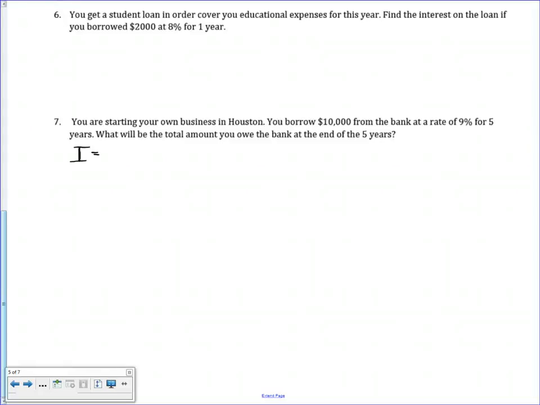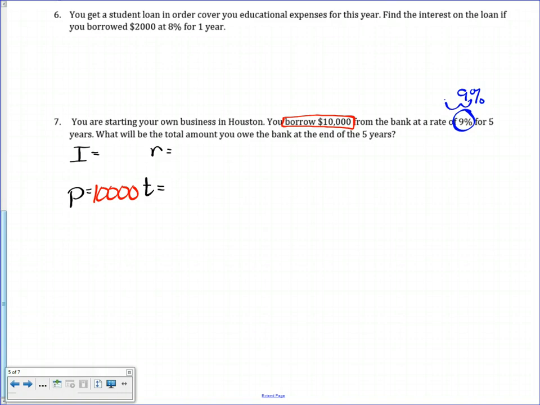So simple interest, go back to doing this, you need to start with your variables. So principal, remember, is the initial amount, it's what you start with. So you borrowed $10,000. That's your principal. At a rate of 9%, that one, easy to find, but remember, turn that percentage into a decimal.